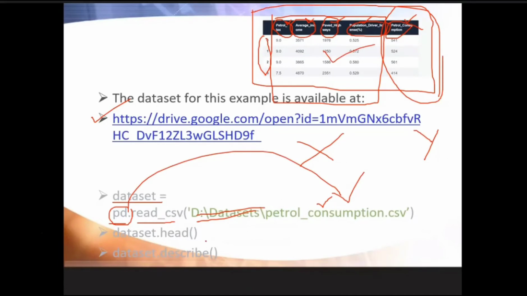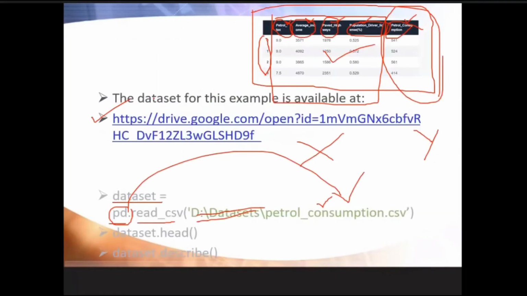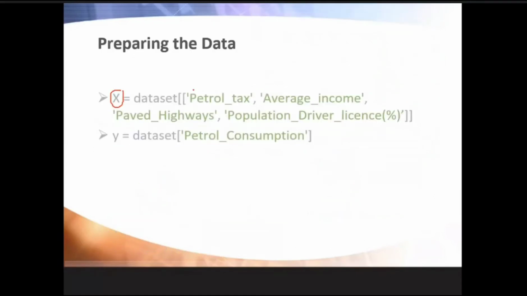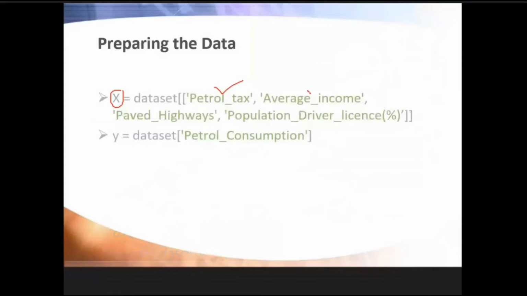So yes, next. Now preparing the data. Now X equals dataset of, where pd.read_csv is stored in the variable dataset. Dataset of square bracket Petrol_tax, the name of the first column, Average_income, the second column, Paved_Highways, the third column, Population_Driver_license_percent.